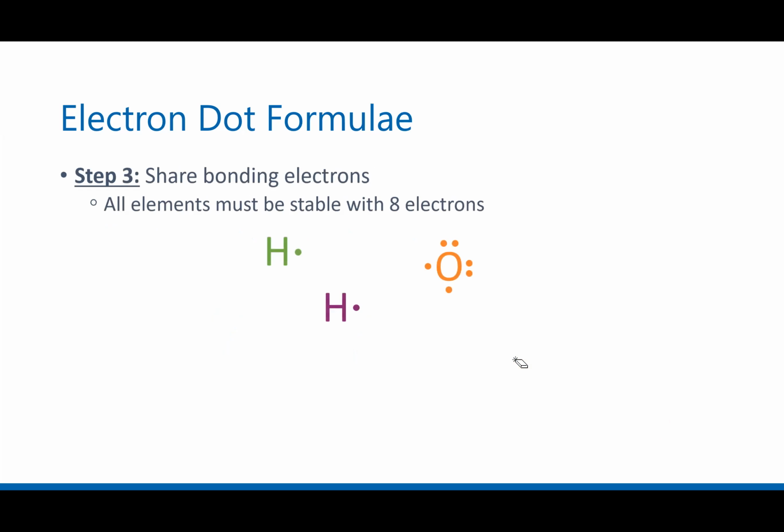So step 3, all elements must be stable with 8 electrons. Now there is an exception to this rule, and hydrogen and helium fit this exception perfectly. Hydrogen is just too small to have 8 electrons, same as helium. Hydrogen only has 1 proton.